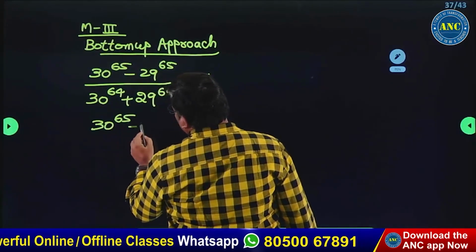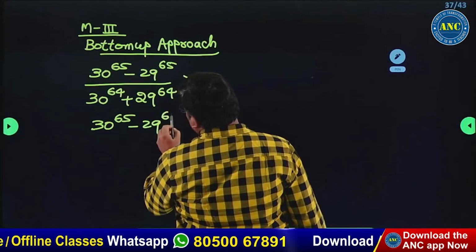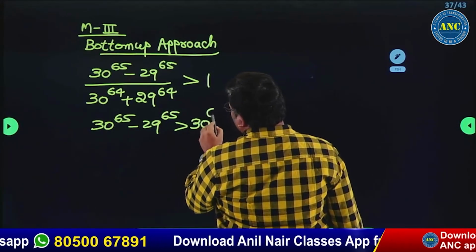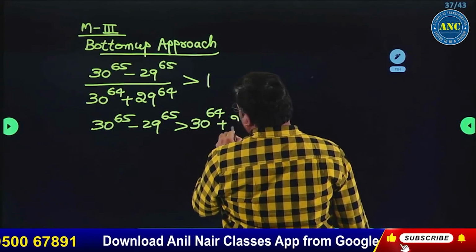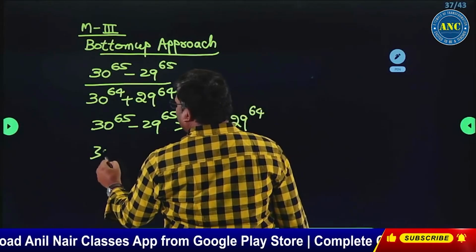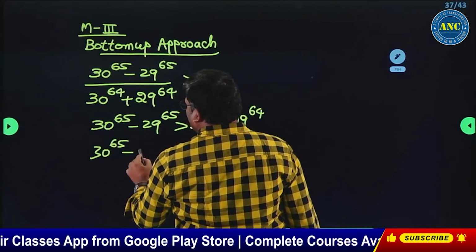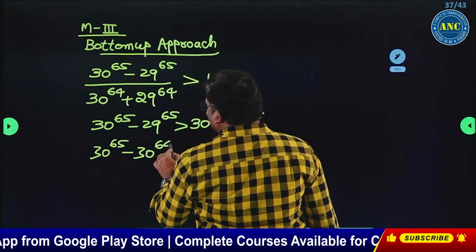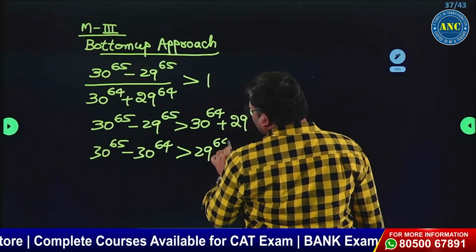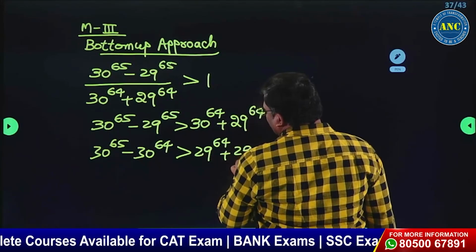Cross multiply: 30 power 65 minus 29 power 65 greater than 30 power 64 plus 29 power 64. 30 power 64 comes to the left hand side: 30 power 65 minus 30 power 64 greater than 29 power 64 plus 29 power 65.